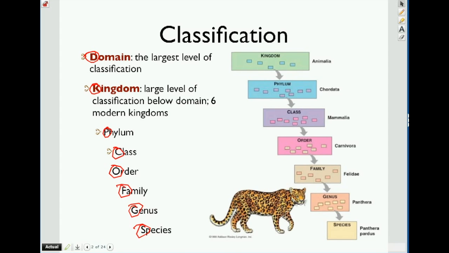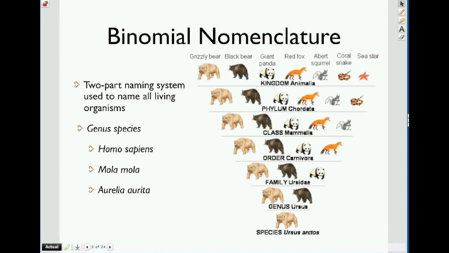And the farther down you get, the more detail it is. So a domain's going to hold a lot of creatures or organisms. And then a kingdom's going to hold just a little fewer. And then a phylum's going to be a little fewer and fewer and fewer until you get to a species, which is something very specific.